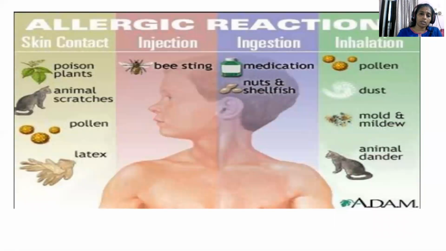In skin, it is like poisonous plants, animal scratches, pollen, latex, etc. Injection, that is by means of bee stings, and ingestion, which is taken inside our body by medication, nutshells and shellfish. And again inhalation of dust, pollen, mold, mildew, animal dander, etc. can lead to allergic reactions.